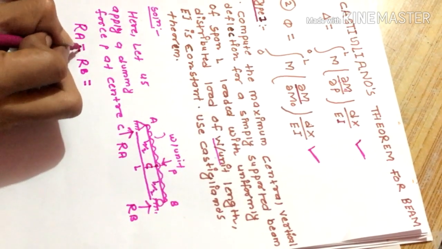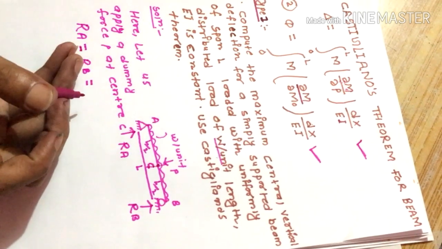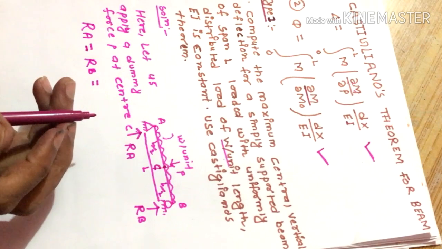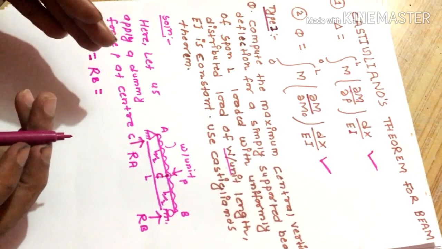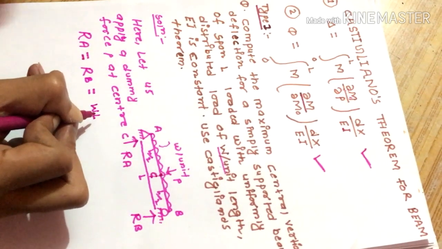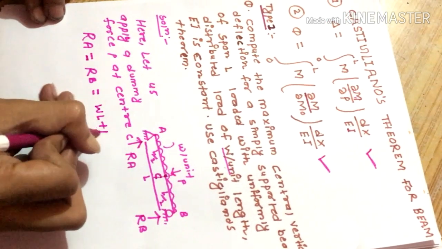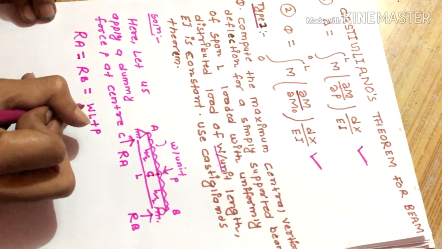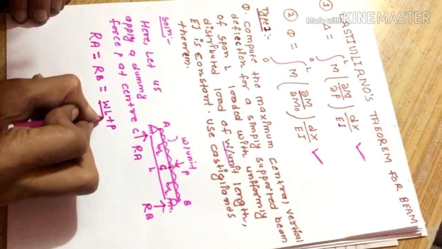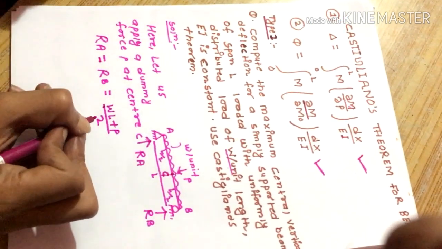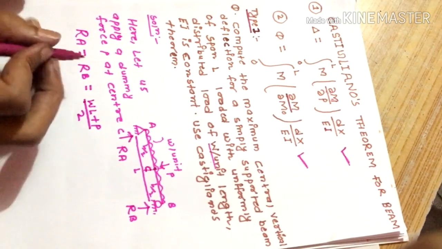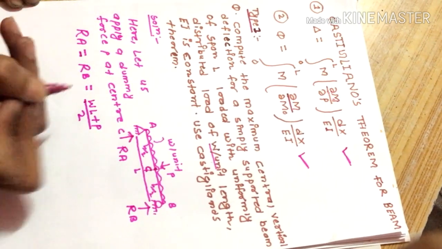Here W is the uniformly distributed load, so first of all we have to convert the uniformly distributed load into a point load, that is W multiplied by L, plus P. Distributed equally means we divide this by 2. In this way we calculate the reactions. Here we have calculated RA and RB.